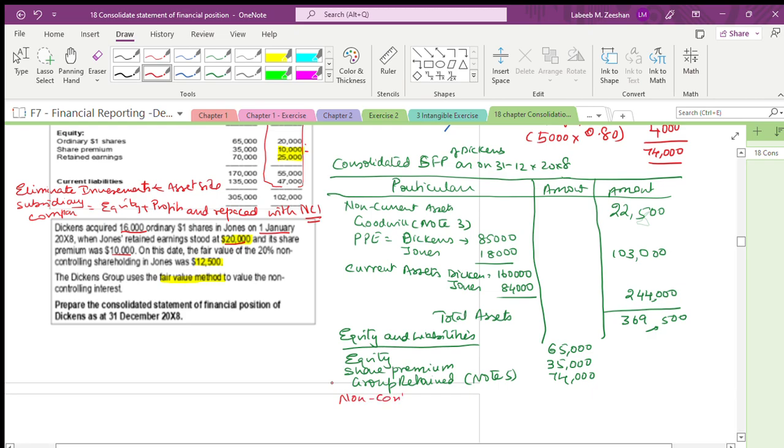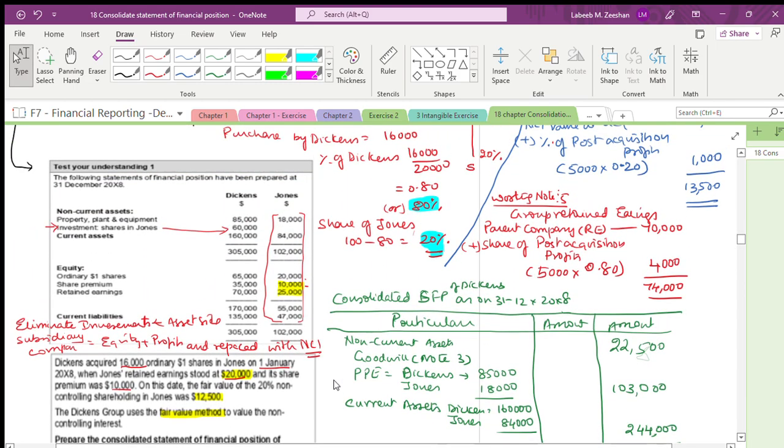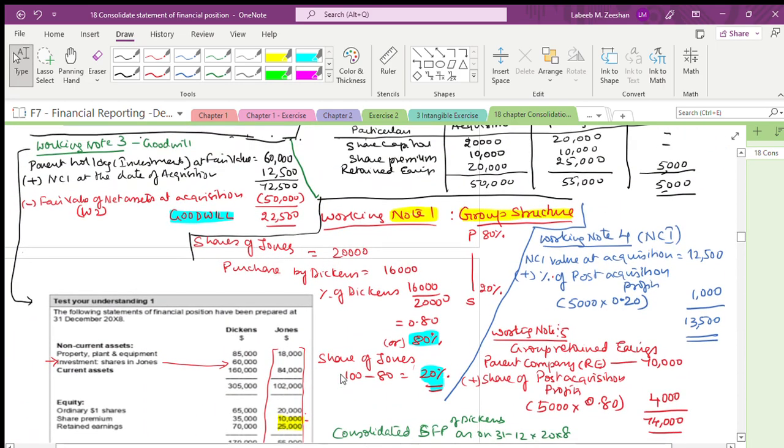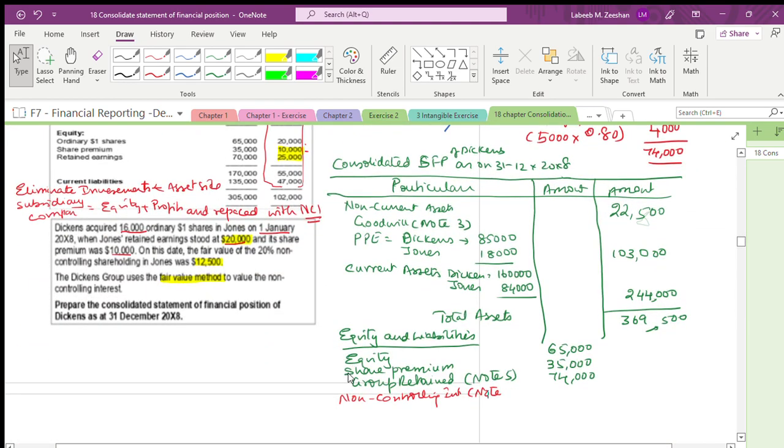Non-controlling interest: which note? Note 4. How much is the non-controlling interest? 13,500. What is the total you will get?